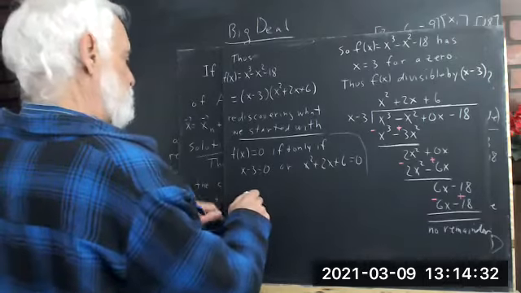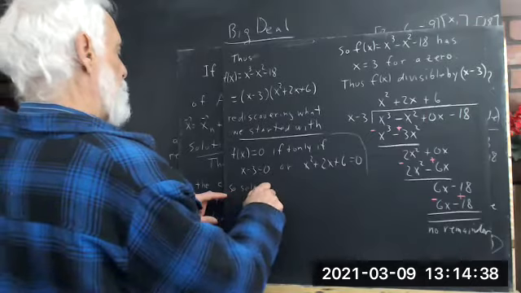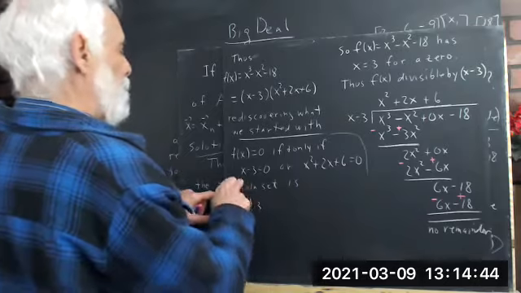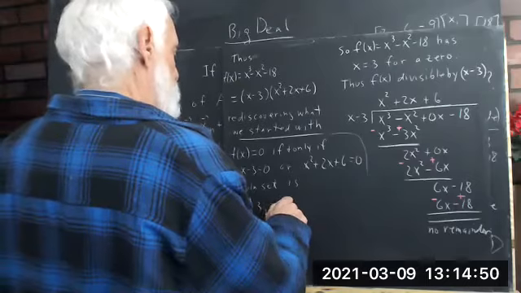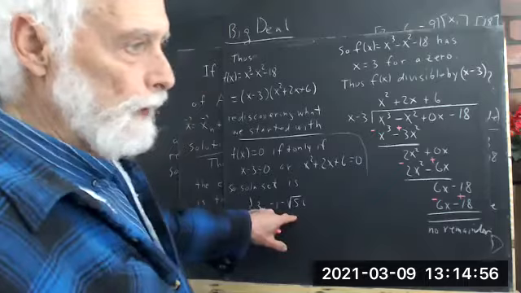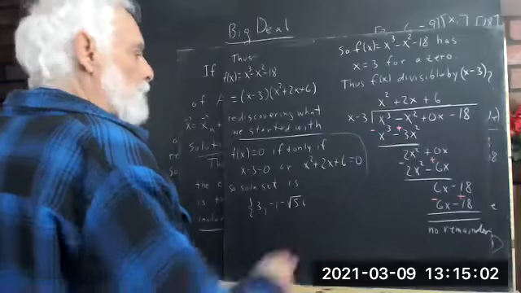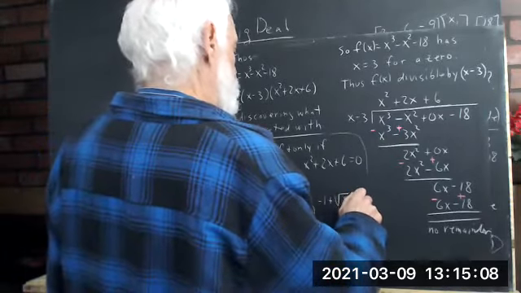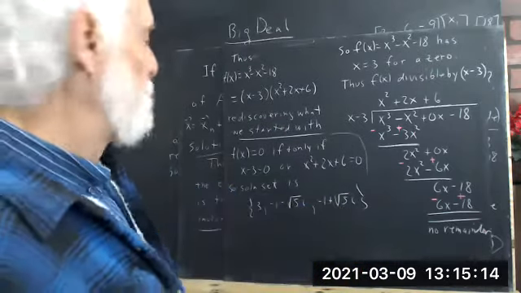This has solution x equals 3, just add 3 to both sides, negative 1 minus the square root of 5i, because that was the solution we got previously for this quadratic factor, and negative 1 plus the square root of 5 multiplied by i.